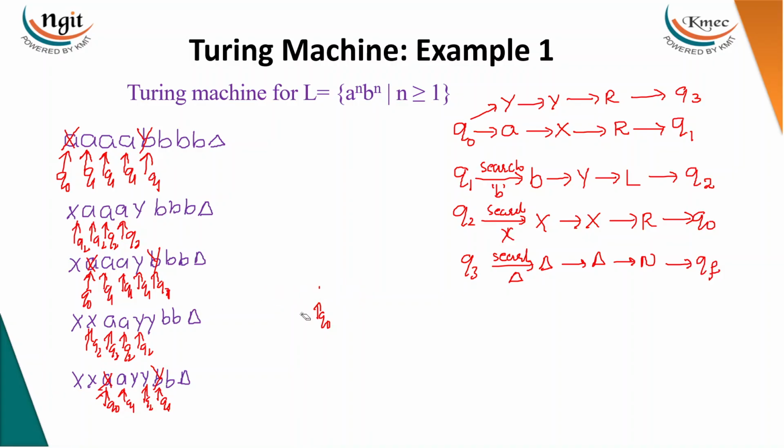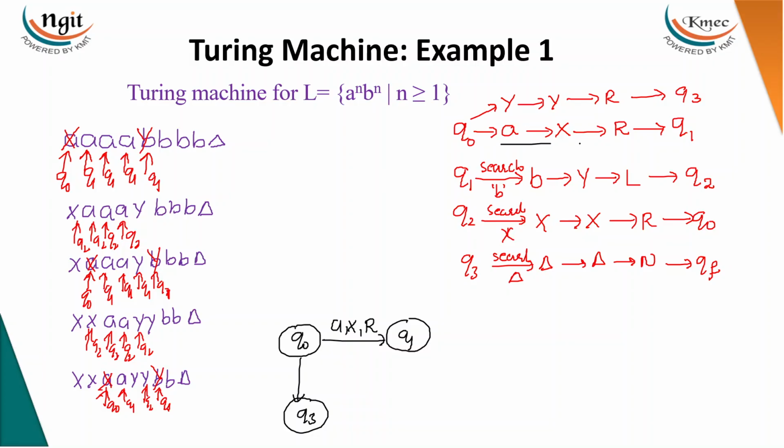So how are we going to specify it as a Turing machine? We have 5 states here. Let me draw the diagram. First Q0 is giving the task to whom? Q1, and also to Q3. If it is A, change it to X and move right, giving the task to Q1.